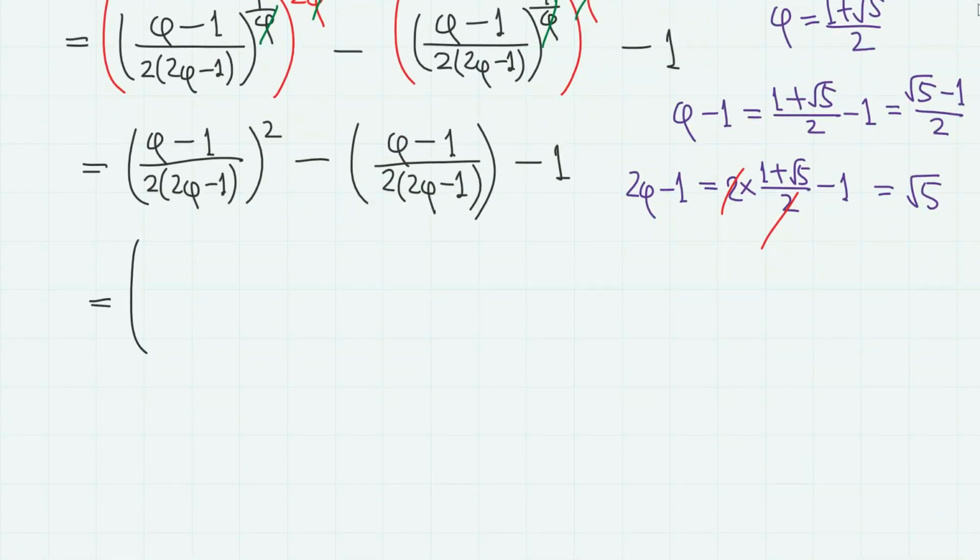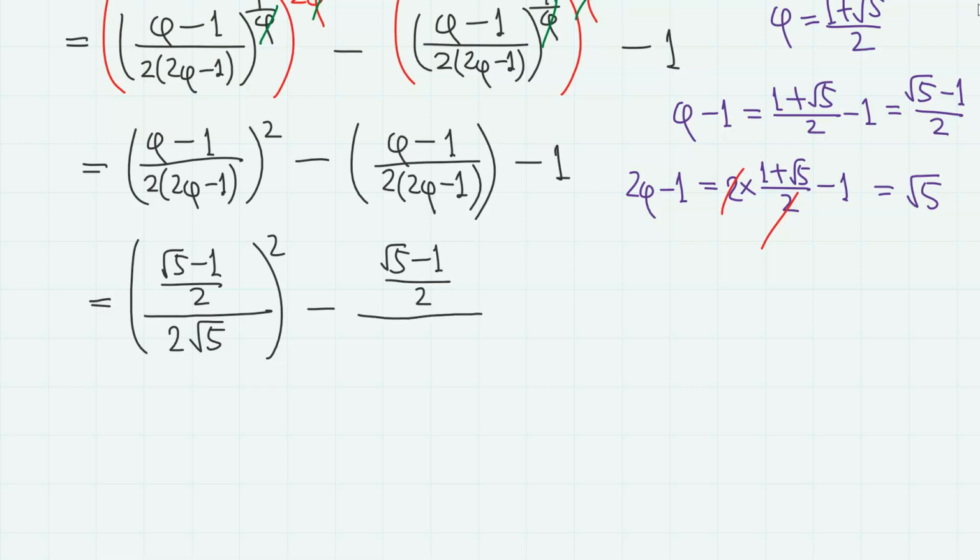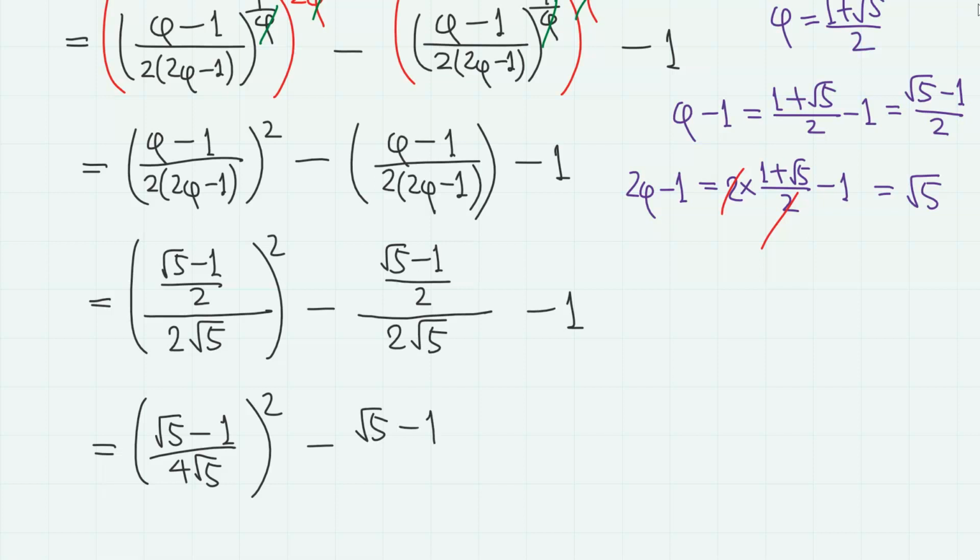So we have ((square root of 5 minus 1) divided by 2, divided by 2 times square root of 5) squared minus ((square root of 5 minus 1) divided by 2, divided by 2 times square root of 5) minus 1. So we have ((square root of 5 minus 1) over (4 square root of 5)) squared minus (square root of 5 minus 1) over (4 square root of 5) minus 1.